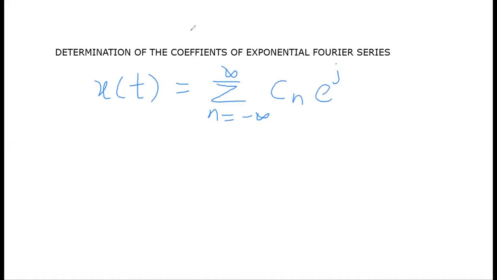In the previous section, we discussed the exponential Fourier series formula, which is given by x of t equal to the summation of n equal to minus infinity to plus infinity of Cn e to the power j n omega 0 t, where omega 0 is known as the fundamental frequency, given by 2 pi by T, and T is known as the fundamental period.